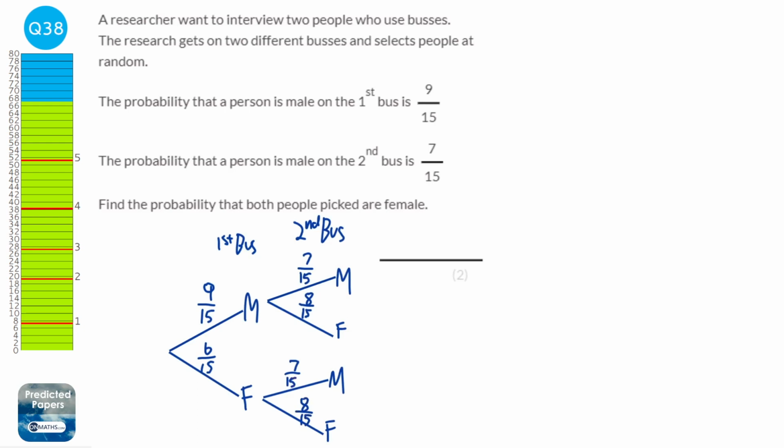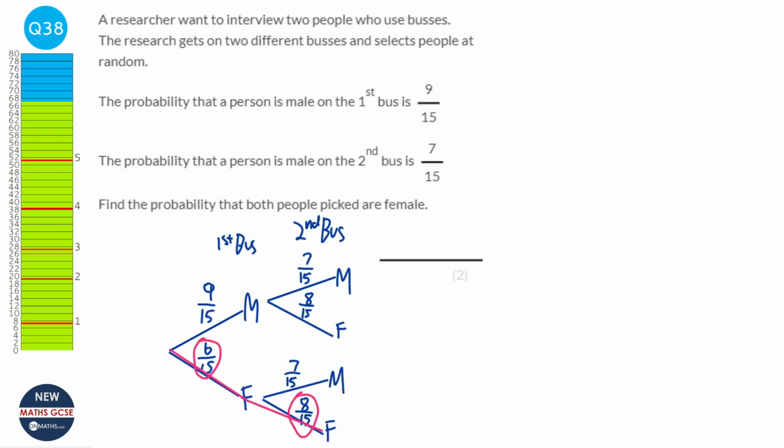So to have both female, we need to have gone down this line at the start and then this line again. Okay, so looking at the fractions along the way, it's 6/15 and 8/15. The word "and" in probability means times.